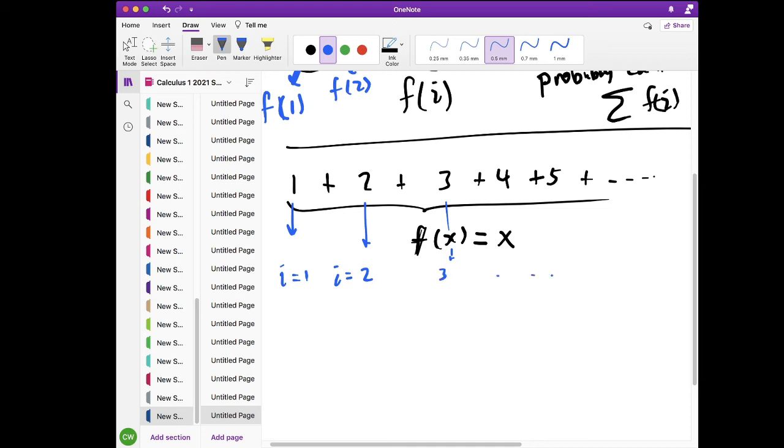Can you think of another function that also works? The hint is to try using a different index and then figure out the function. So don't start from 1. Start from another integer and then come up with the function.